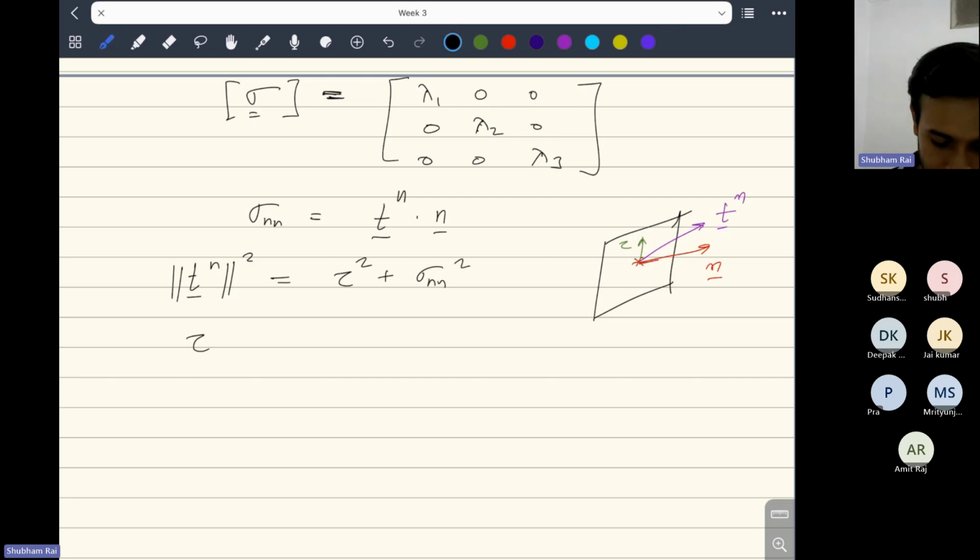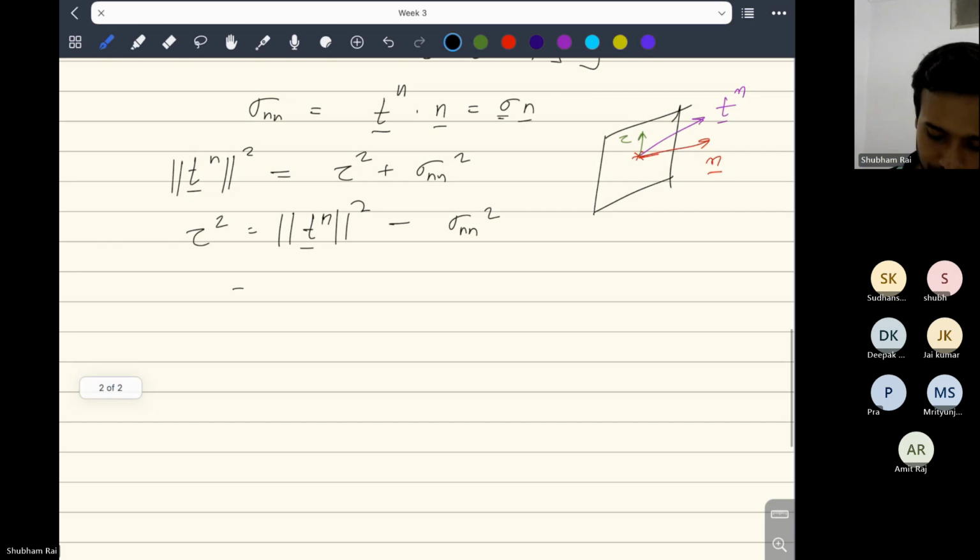So we can say that tn is also equal to sigma times n. So tau squared can be written as the magnitude of the traction vector squared minus sigma n squared, right?